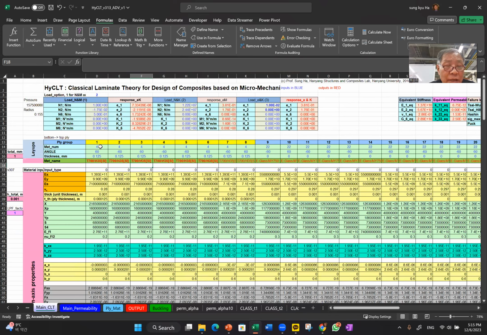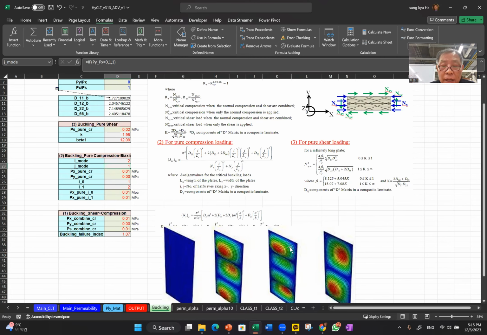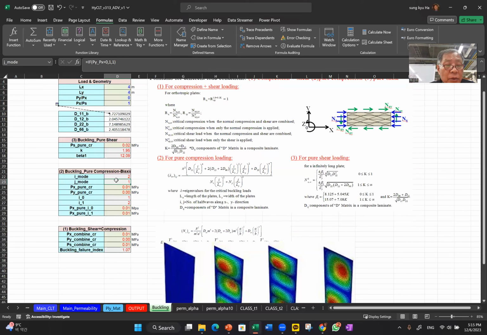Very interestingly, we have a plus minus 60 in this case, and the length is 4 to 4, then the buckle will be a 2 to 1. 2 to 1 is exactly like that. It's two in one direction, and one in the other way, one shape concave, convex, and two up and down. That's what the I mode and J mode are, and then this is the load.